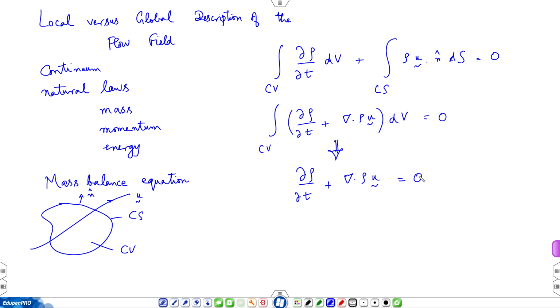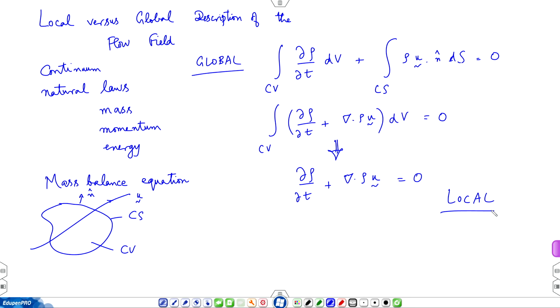That means it is a very short time interval, and the derivatives are evaluated with respect to small neighborhoods. So, it is really at a point. So, this mass balance equation is certainly on a local scale, while the integral equation was on a global scale, because it is at the scale of the control volume.